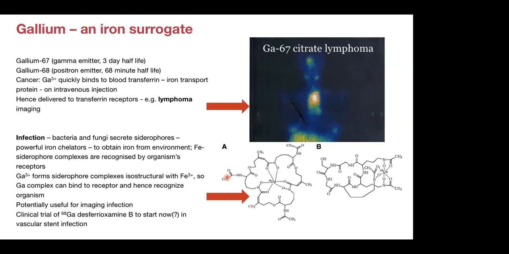And it forms more or less equally high affinity complexes with the siderophores, and they have the same structure as the iron complex. So they too are recognized by these receptors when they have been complexed by siderophores. And so we have the potential, if we can make complexes of this kind with gallium-68, to image the presence of bacteria themselves very specifically.